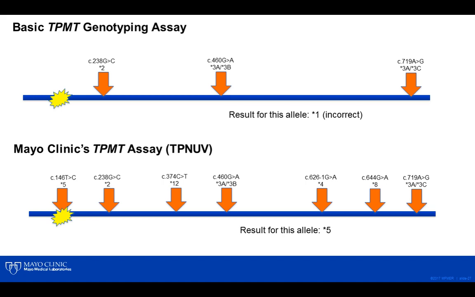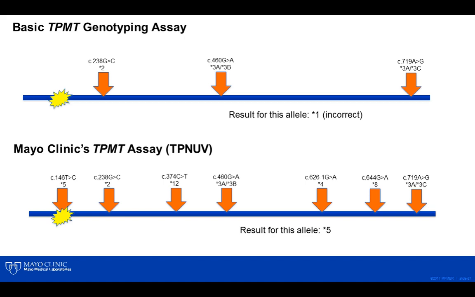So in this example, one of the patient's alleles has the *5 variant that decreases enzyme activity. If his or her other allele does not have a variant, then this patient's genotype would be *1/*5, and result in intermediate activity.